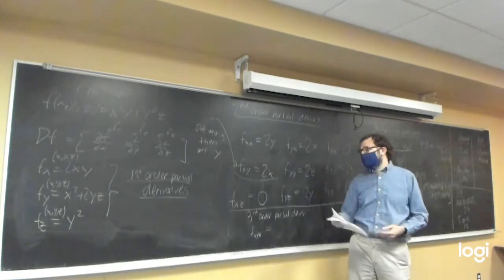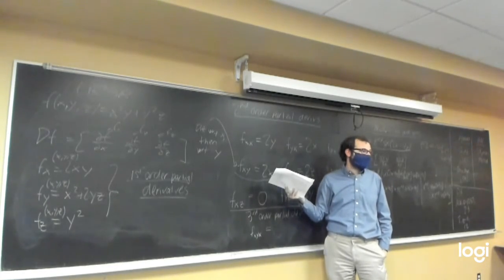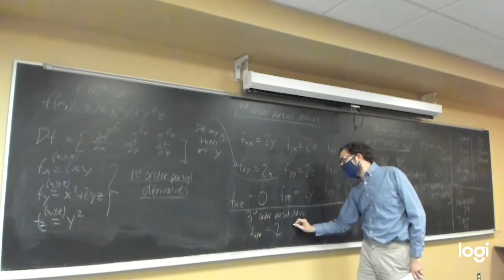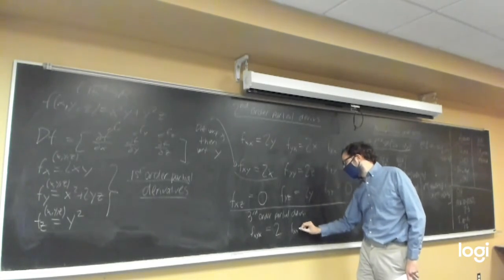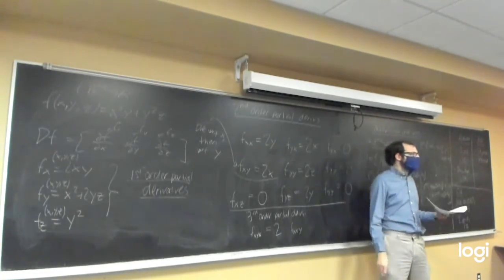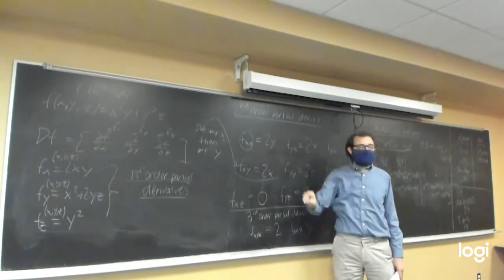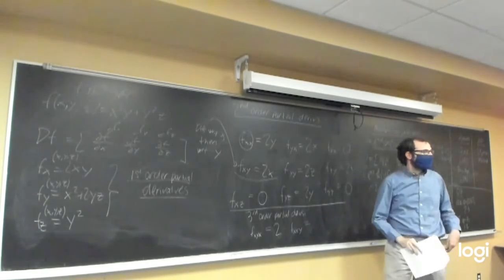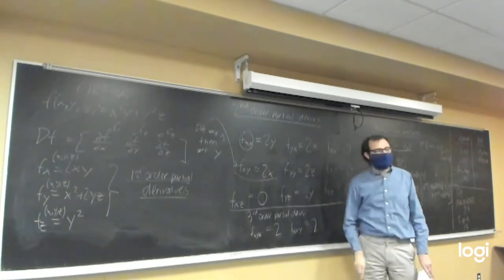Hannah, if we were to differentiate f sub xy, so 2x, with respect to x, what would we get? Just 2. Whereas if we were to do f sub xxy, where we differentiated with respect to x and then x and then y, so differentiate this expression with respect to y, Sean, what would we end up with? 2. Oh yeah, those are equal, xyx and xxy. That's interesting.